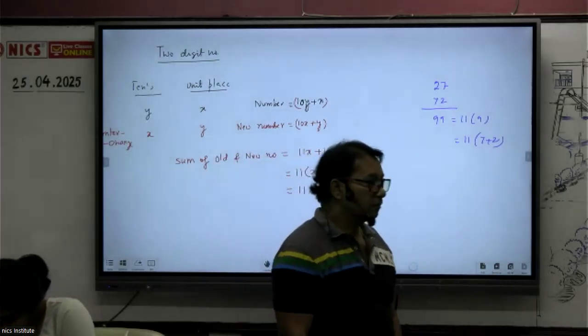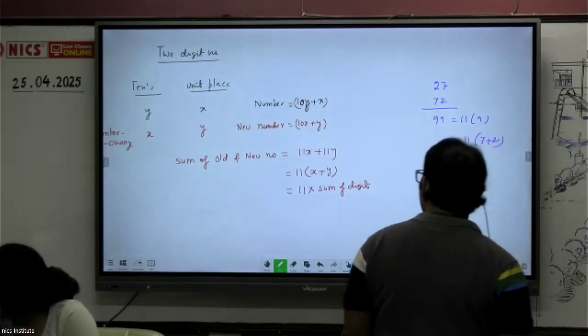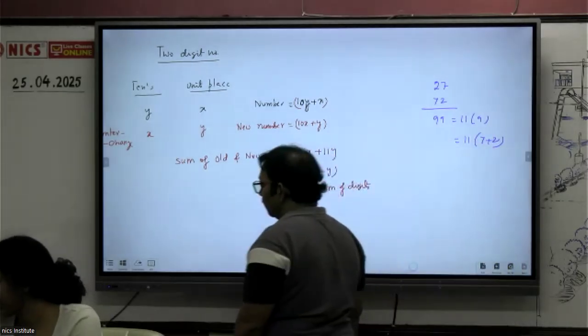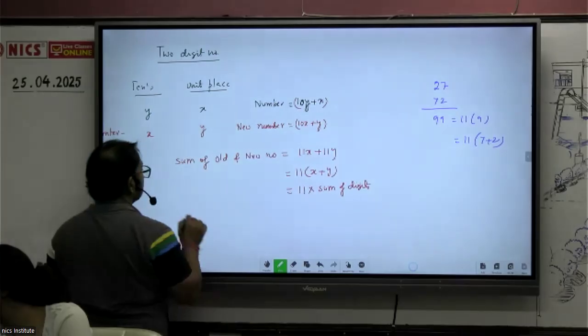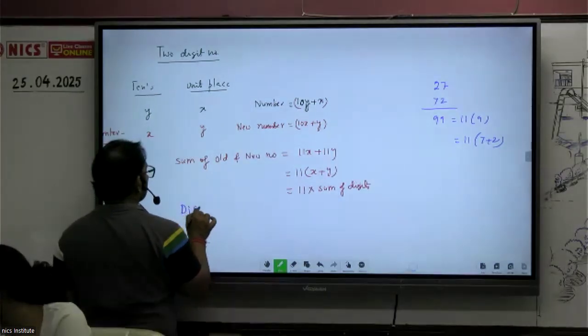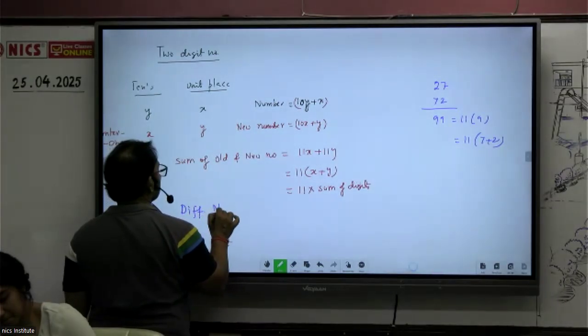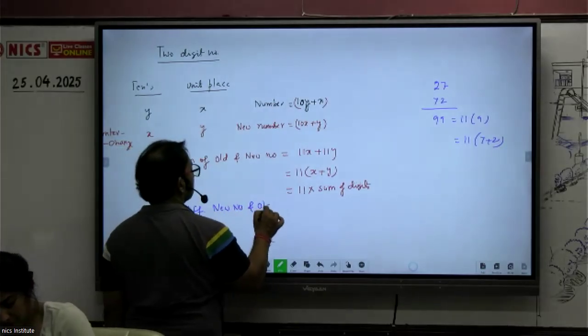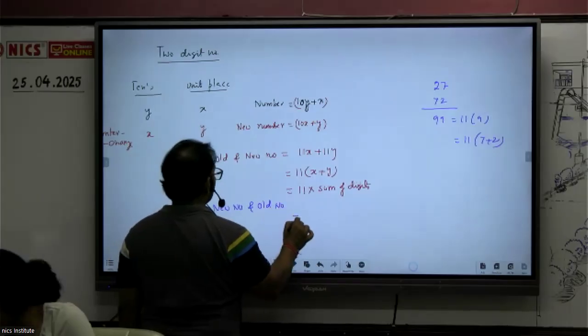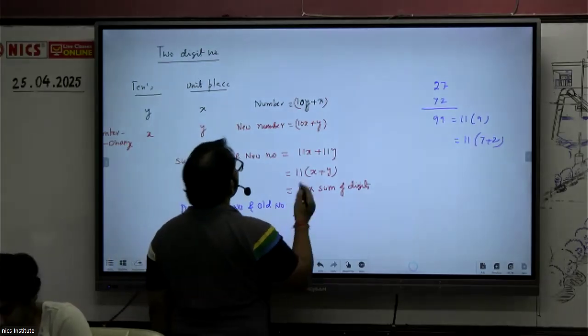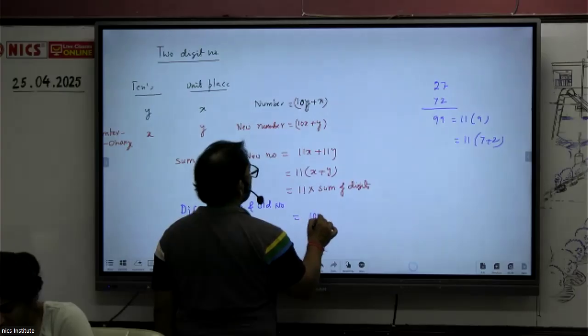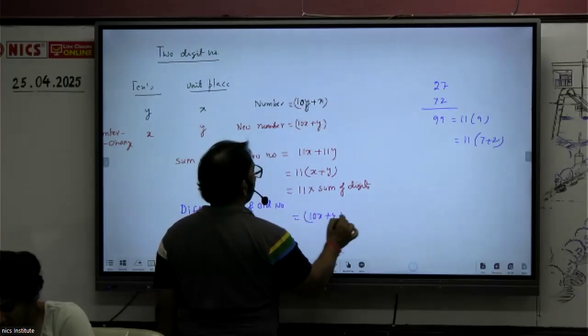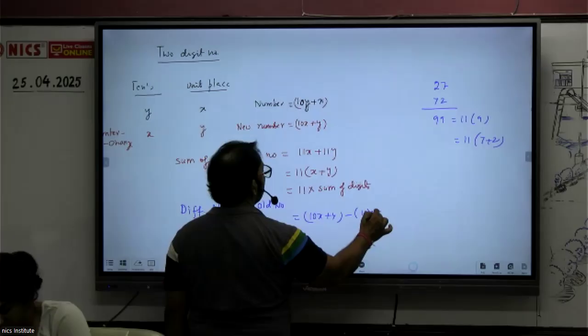Similarly, if you find the difference of the new number and the old number, write the new number first. New number is 10x plus y minus 10y plus x.